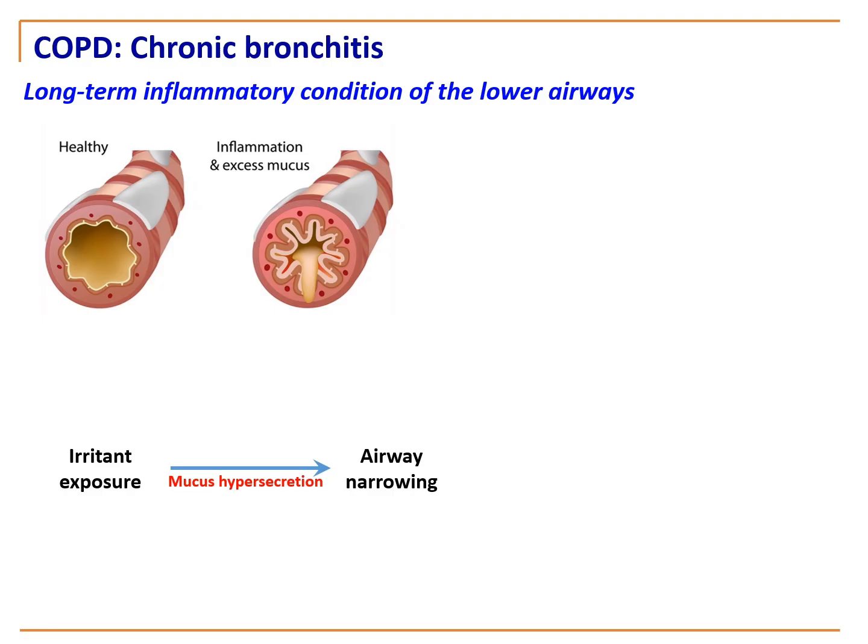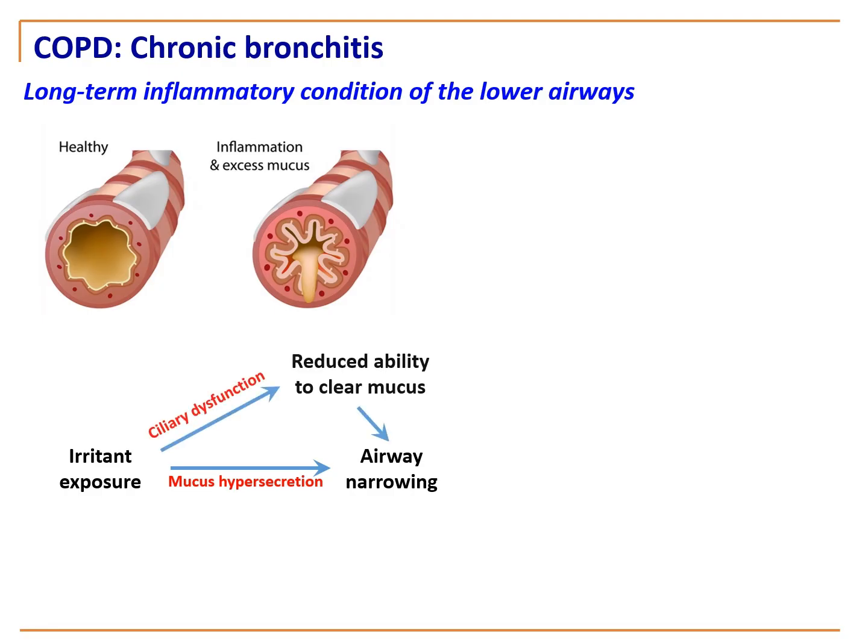That chronic exposure to those irritants triggers an ongoing inflammatory response in the airways, activating a variety of immune cells and the release of a variety of inflammatory molecules. One of the effects is hypersecretion of mucus by goblet cells. Remember, the goblet cells are the cells that make the mucus, and this excess mucus is a hallmark of chronic bronchitis.